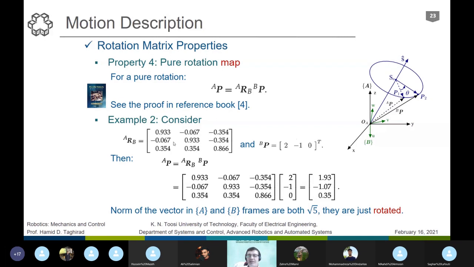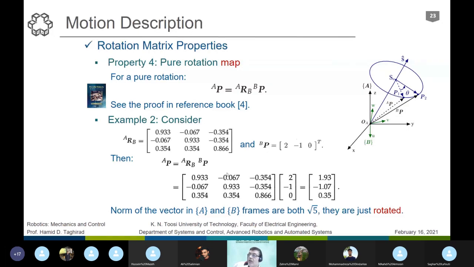How it is found is not a matter of question here. Consider that on this rigid body, on frame B, we have a moving platform, so everywhere in space that it moves, the point has a fixed position vector with respect to the moving frame. If we have a rotation here, we use it to find P with respect to A.